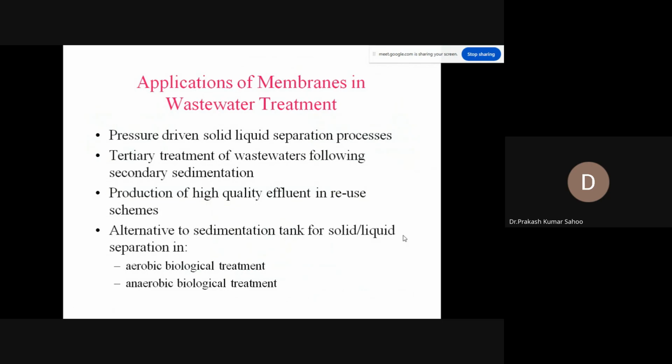So we have different applications of this membrane separation or microfiltration, under which we have aerobic biological treatment, that is in presence of oxygen or air, and anaerobic, in absence of oxygen and air, and the sedimentation tanks are there for solid and liquid separation.